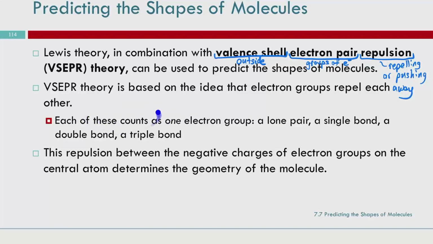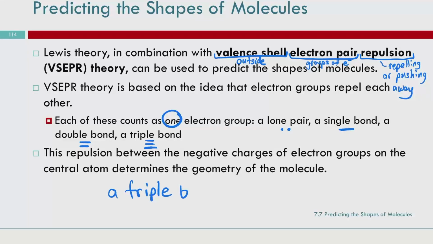And each of these groups counts as one electron group. We can have a lone pair. We can have a single bond. We can have a double bond. We can have a triple bond. Those each count as one electron group. So a triple bond, even though it's 3 pairs of electrons, they're all together in one place, so we count it as one group.